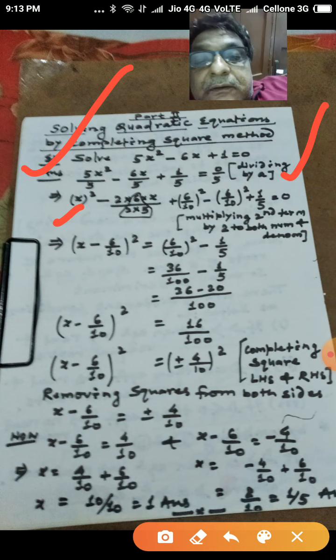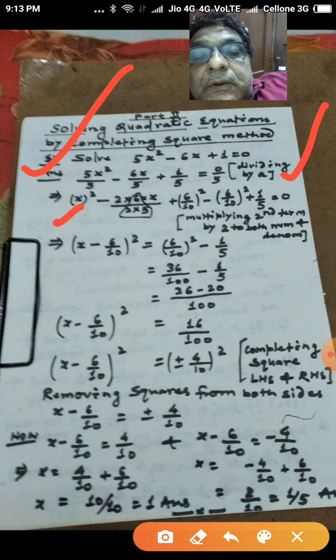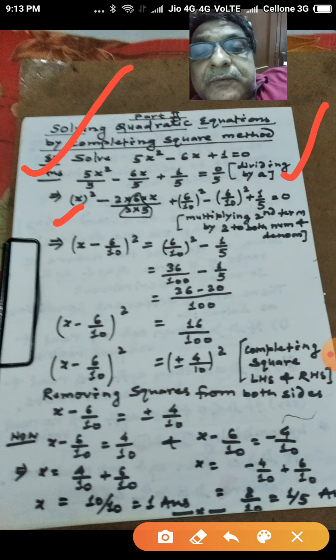So we can simplify this also, but if we take the remaining things besides 2 and x, then it is 6 by 10. So we will add the square of 6 by 10.